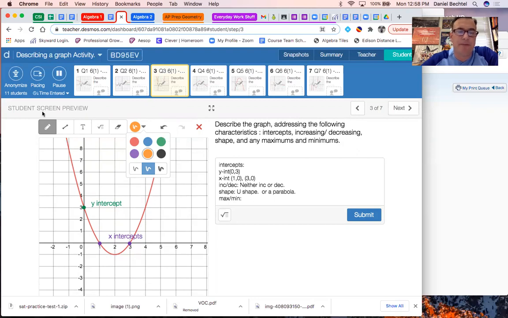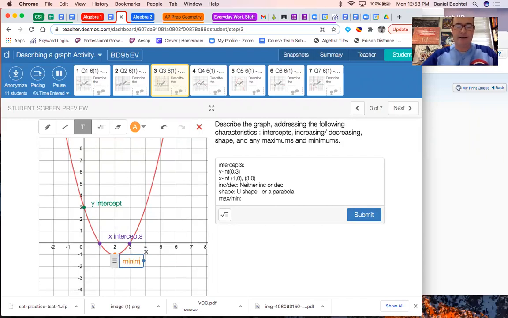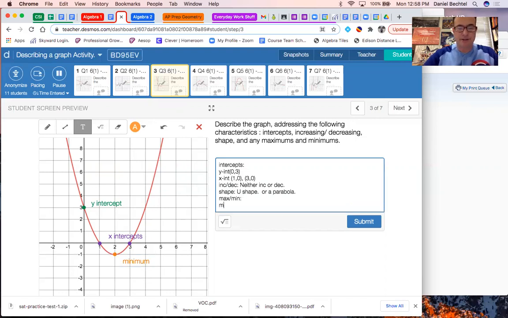So these both go up in both directions. If you look down here, that looks like a minimum value to me. So what I would do is say there's a minimum. And if that's my minimum, we have to say what that point is. So min at (2, -1), and we're in good shape.